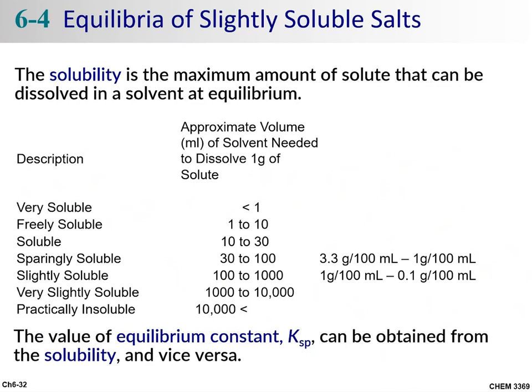Because solubility of salts is sometimes somewhat loosely defined in terms of the volume of solvent needed to dissolve 1 gram of solute. Based on that amount of the solvent that is needed to dissolve 1 gram of the solute, we define the salts as very soluble if less than 1 milliliter of the solvent is needed to dissolve 1 gram of the sample, all the way to practically insoluble solids.